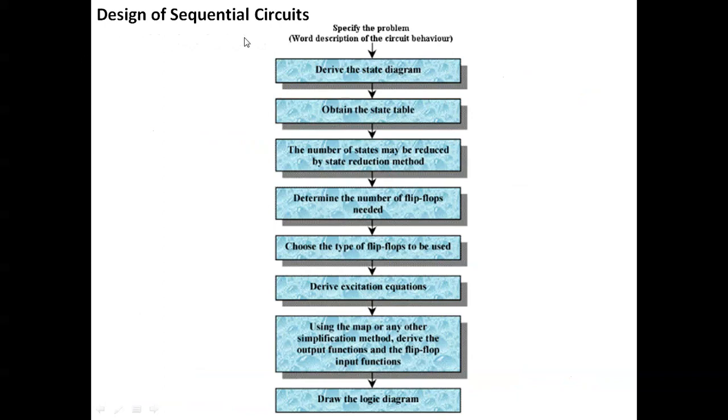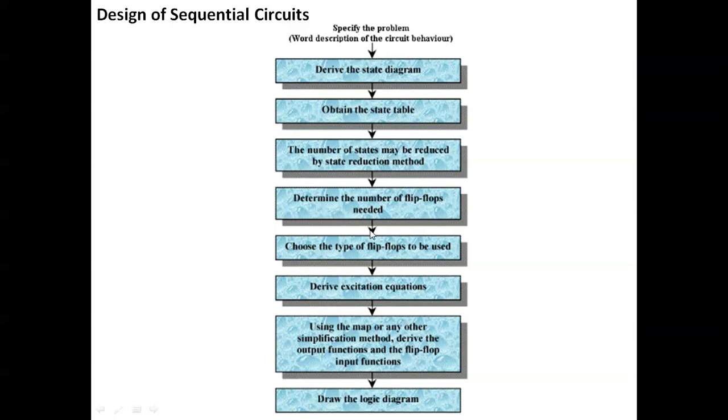For designing sequential circuits, the first step is to derive the state diagram, and obtain the state table. The number of states may be reduced by the state reduction method.